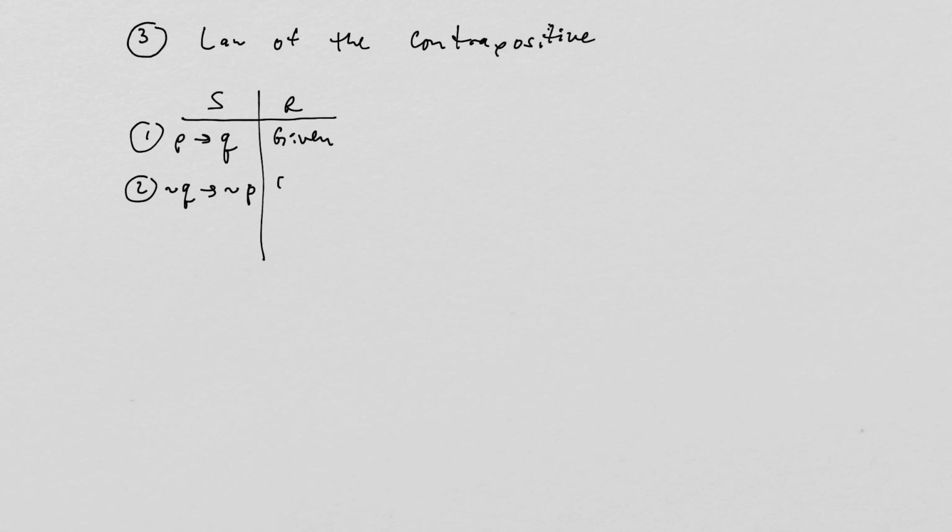So I'll just say contrapositive, and I'll even write 1. I basically rearranged the given conditional into a contrapositive. So that's called the law of contrapositive. There's one piece of given information, and we could jump straight to this conclusion.